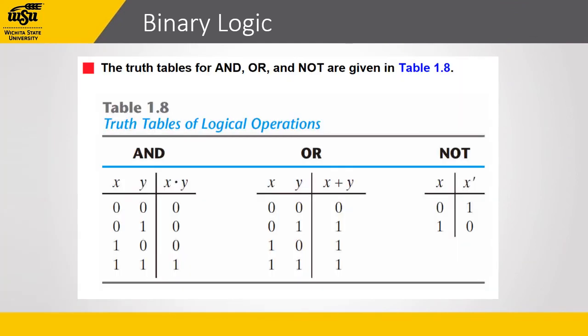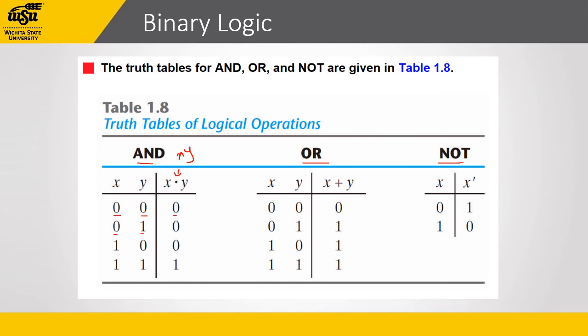There's a table that makes it easier for you to see different examples of using AND, OR, and NOT operations. For the AND operation, if both X and Y are 0, the result of the AND operation is 0.